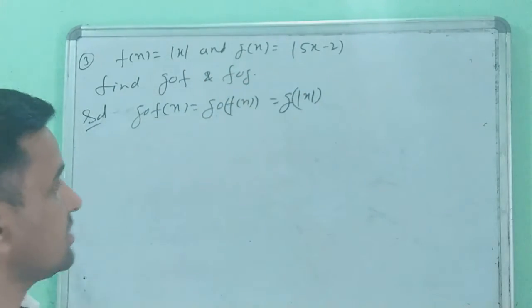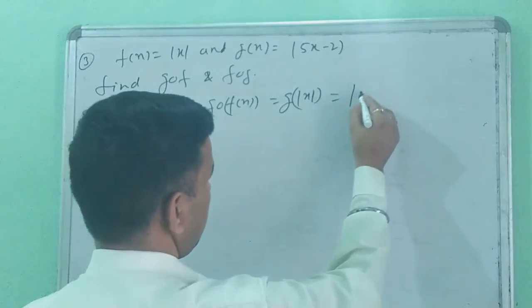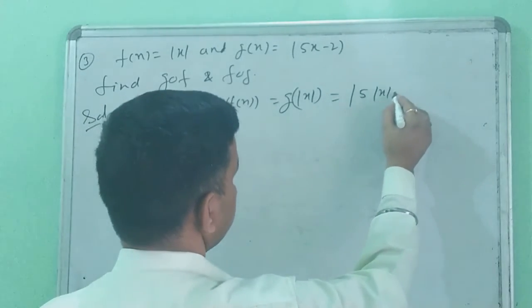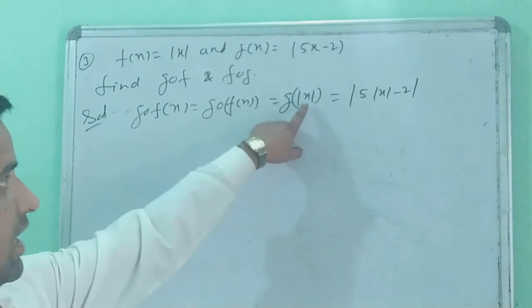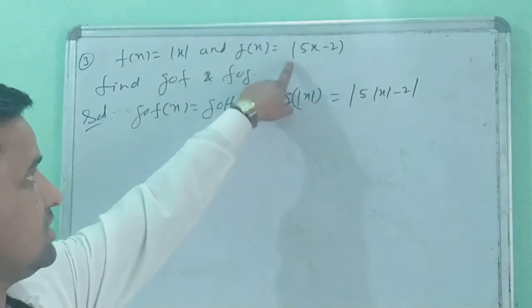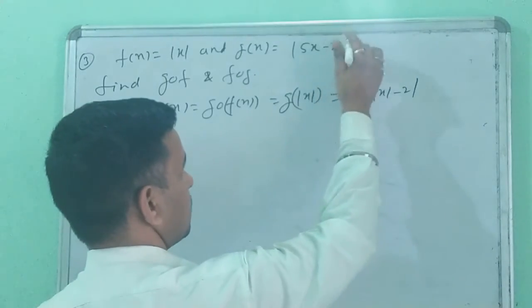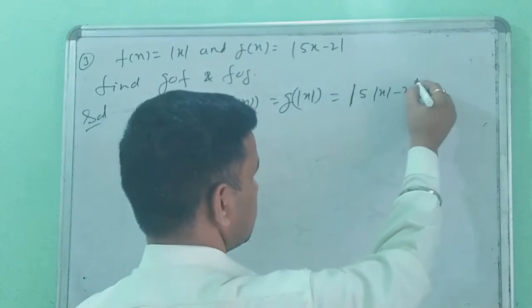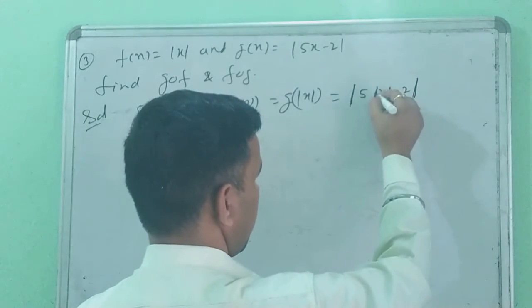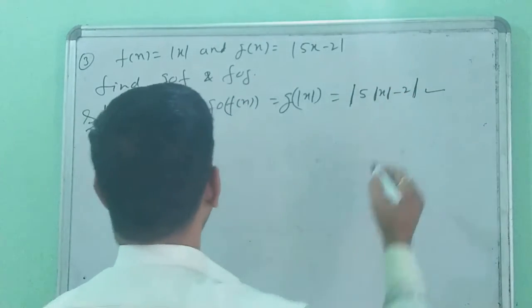Mod 5x minus 2. So this will be written as mod of mod x times 5 minus 2. The inner mod is only for x, and the other mod is from g(x) given in the question. So this mod and that mod are different, and this mod is only for x. So this is the value of gof.